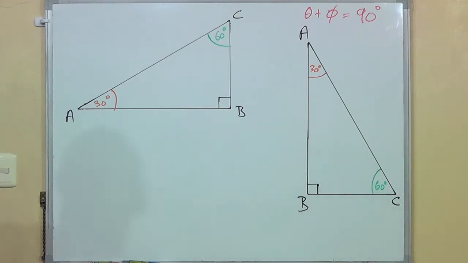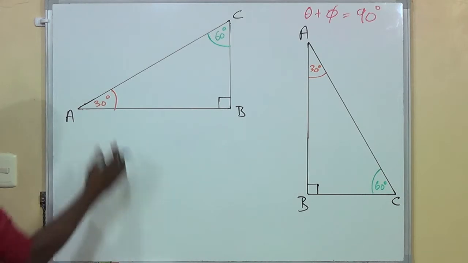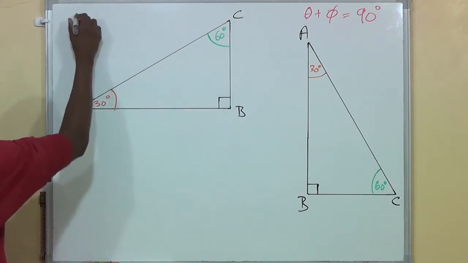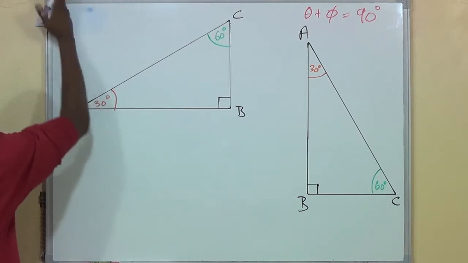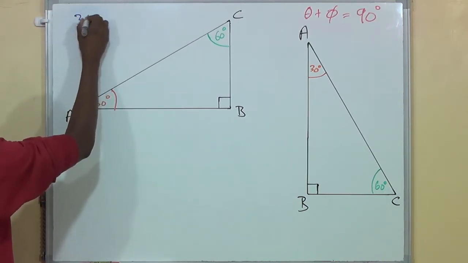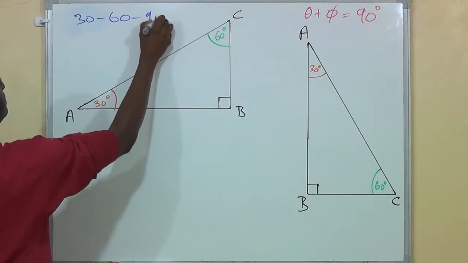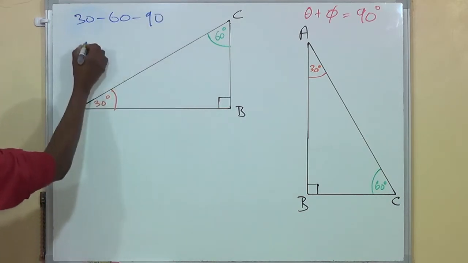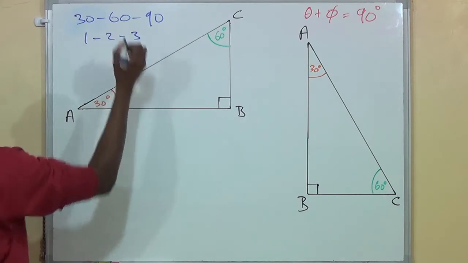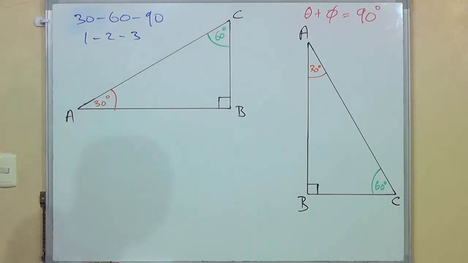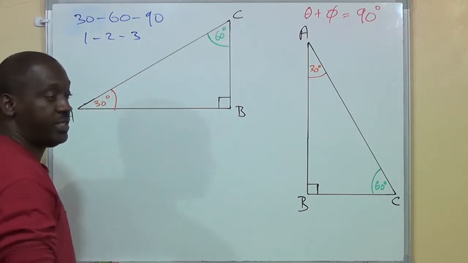Right, so we have here, again, just by way of remembering, 30, 60, 90. Let me start with the actual numbers. This is 30, 60, 90. They actually call it that, which if you break it down as a ratio, it will be 1, 2, 3. So you could call it a 30, 60, 90 triangle, you could call it a 1, 2, 3 triangle.